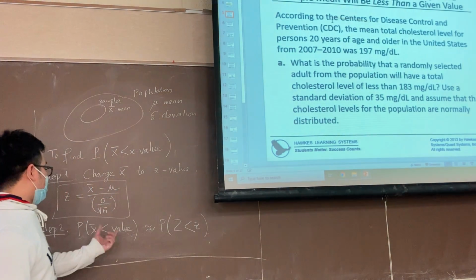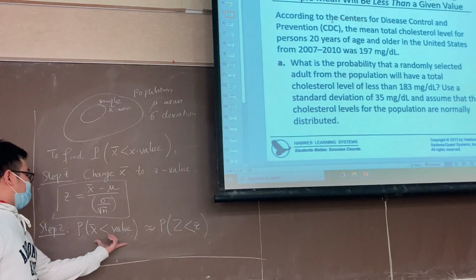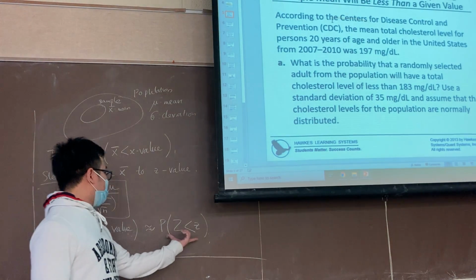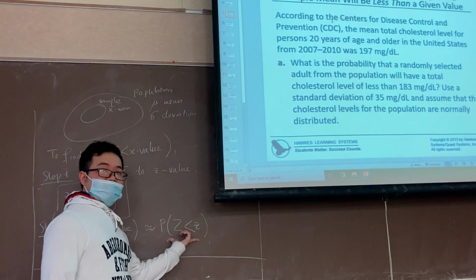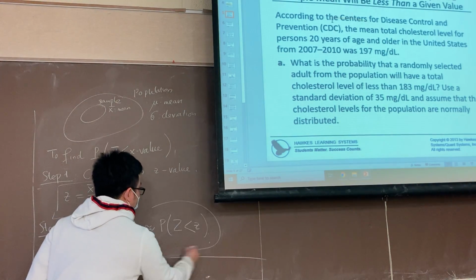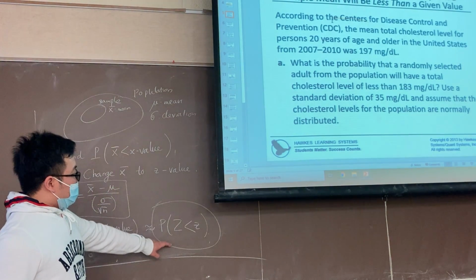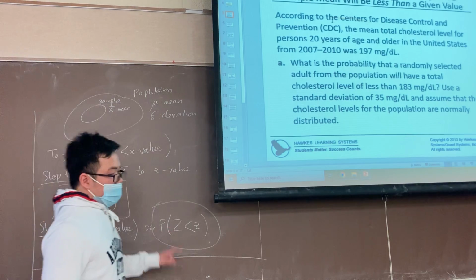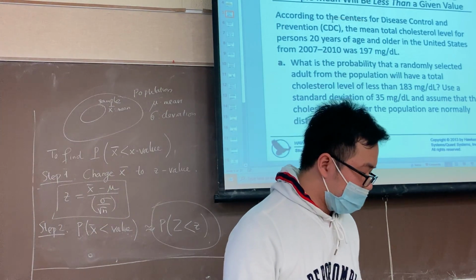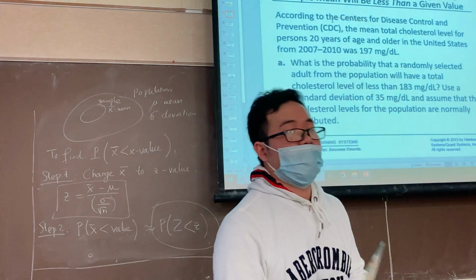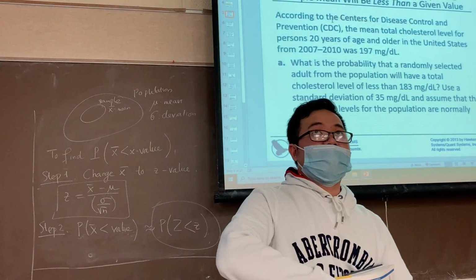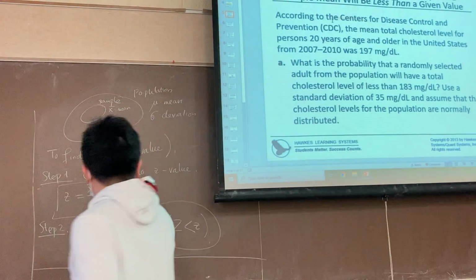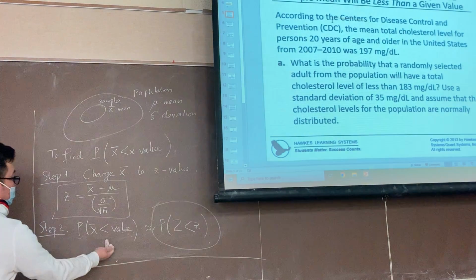So to find the probability of x bar less than the value, we can find the probability of z less than the z value. This is better because it can be found by using the table of normal distribution, right? We can use this table to find the probability.